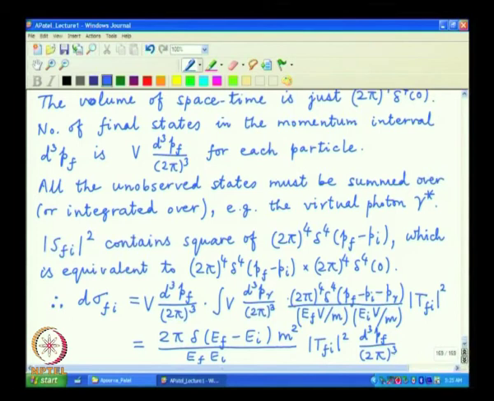Now, we want to evaluate this object further in terms of a cross section per angle, and to get that angle we have to simplify this structure d cube p in terms of its magnitude as well as its direction, and let us do that.